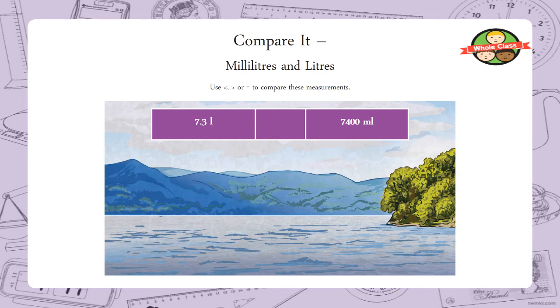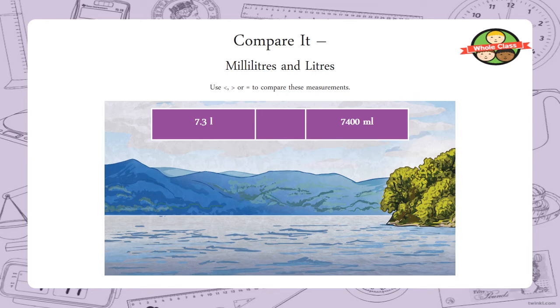Here I have 7.3 liter, greater than, smaller than, or equal to 7,400 milliliters. Let's write both in the same unit. What do you want to write it in, milliliter or liter? Okay, some say we want to write both in liter. Good. Why not?